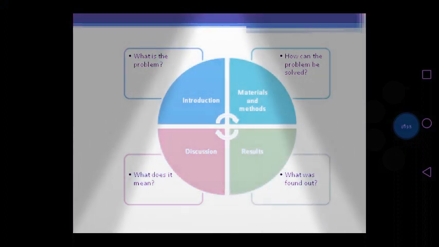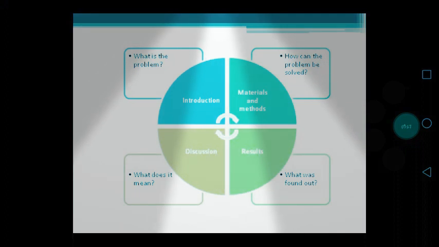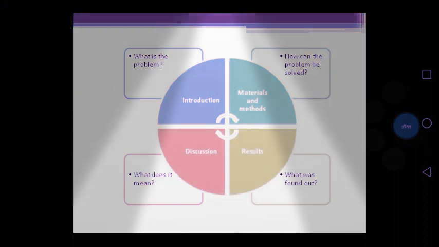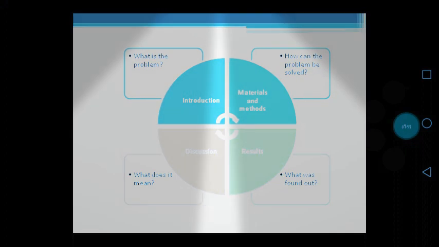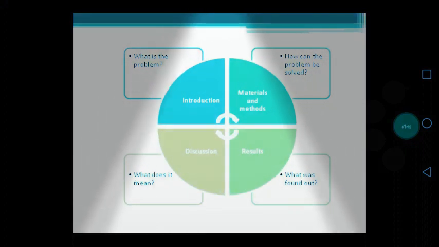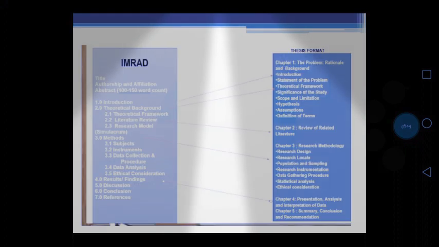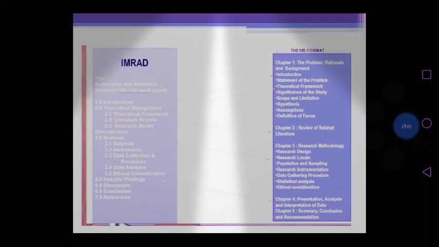For the M, or materials and methods, how can the problem be solved? For the R, the results, what was found out? And the letter D, discussion, what does it mean? So this is the research format.